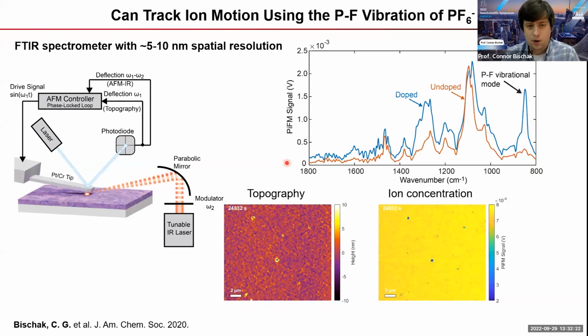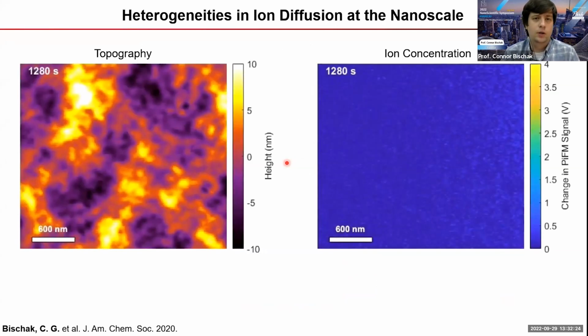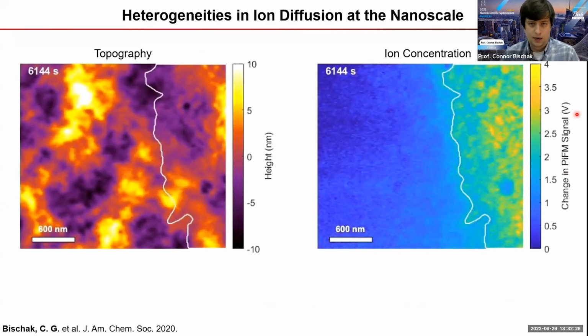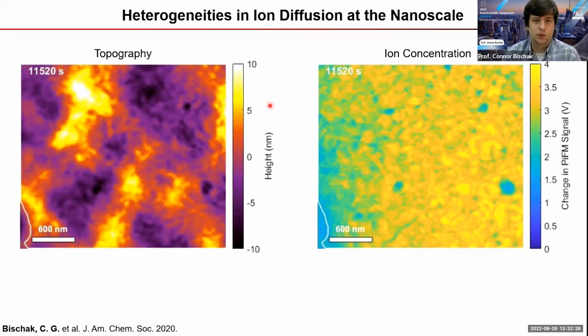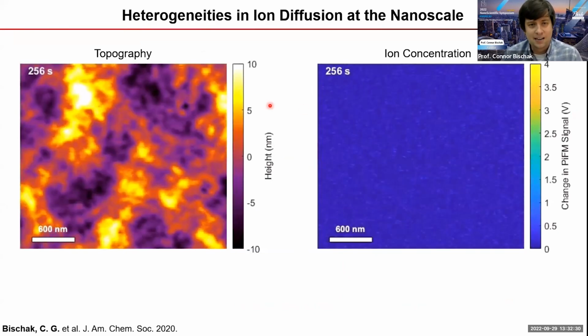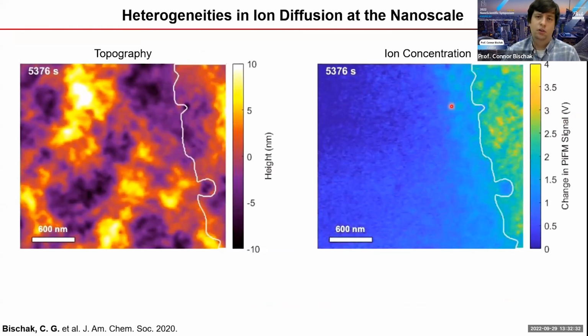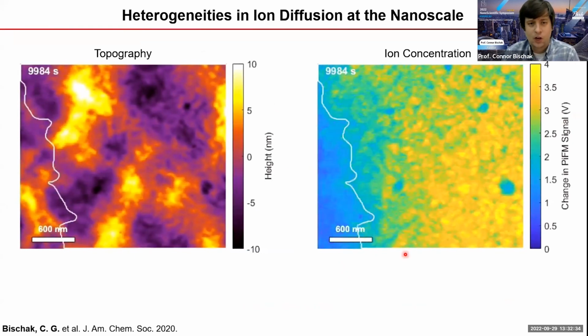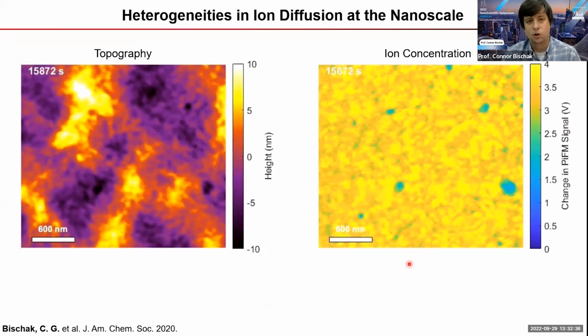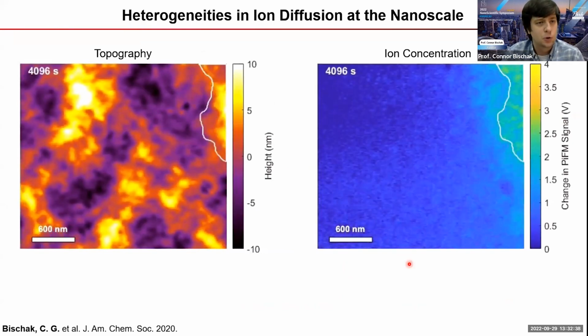So this is about a 10 by 10 micron scan. If we go down to 3 by 3 micron, we can now see this ion wave move across our sample. Here I'm adding this white line. This is just a 50% intensity threshold, which lets us nicely visualize how these ions move.